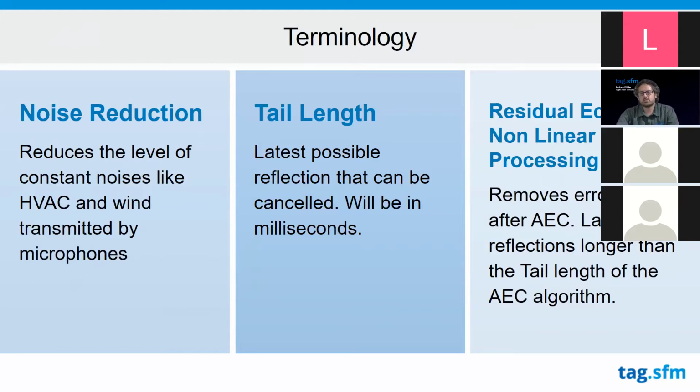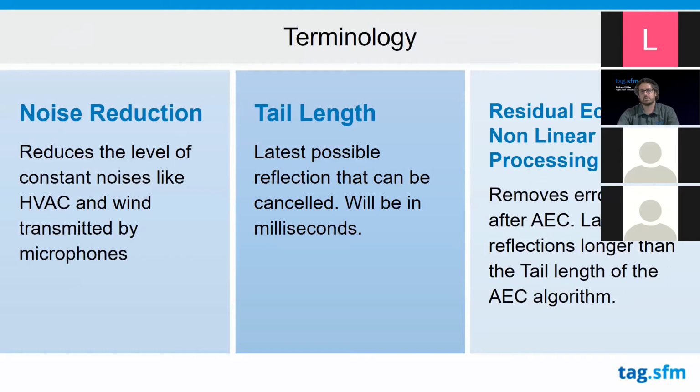When we get into the next part of the AAC component, it goes through residual echo, otherwise also known as nonlinear processing, or NLP, and there are a few DSPs out there that refer to it as double talk. That removes error signals after AAC. So those are even later reflections, longer than the tail length of the AAC algorithm, right? So we think about how an audio reflection works in a room.